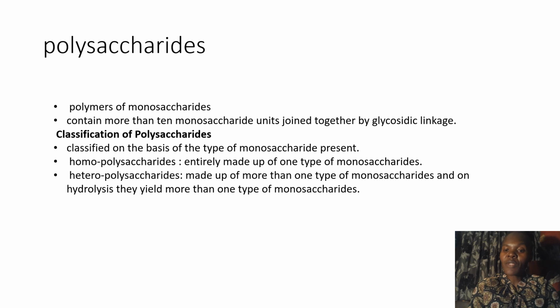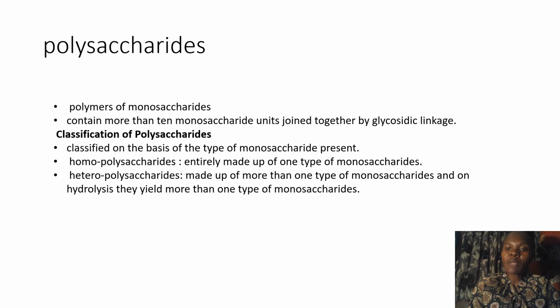The classification of these polysaccharides is basically two. We have the homopolysaccharides and the heteropolysaccharides. The most commonly discussed ones are always the homopolysaccharides. By definition, homopolysaccharides are made up of only one monosaccharide component. The best examples which we already know are starch, and you've already heard about glycogen, as well as cellulose.